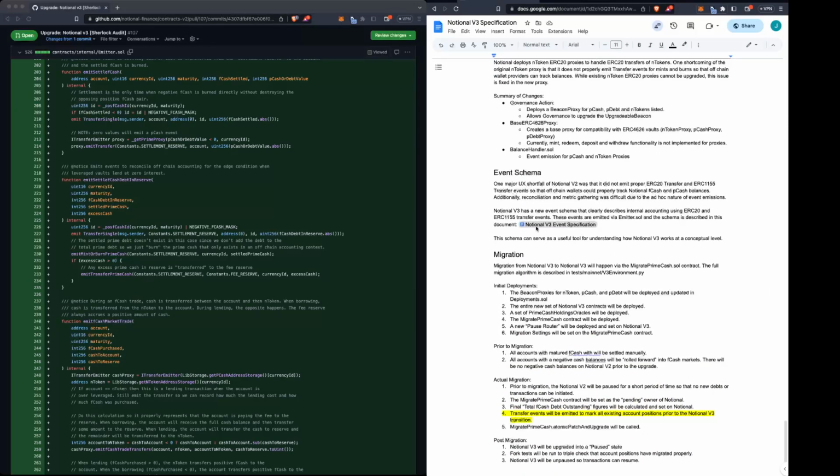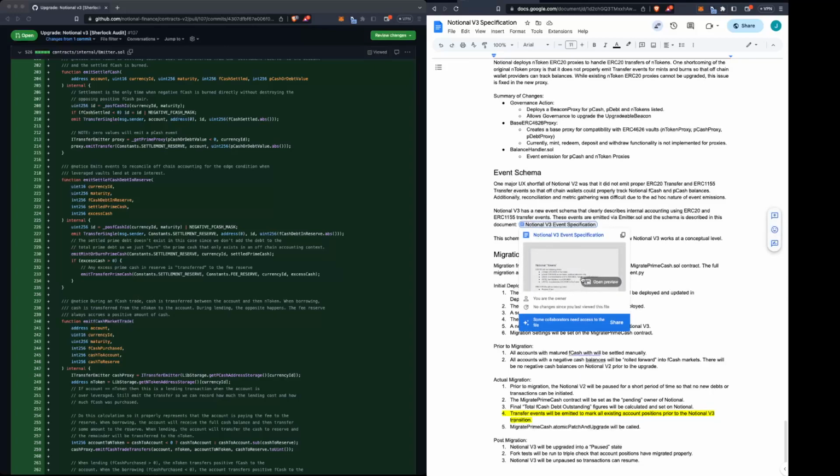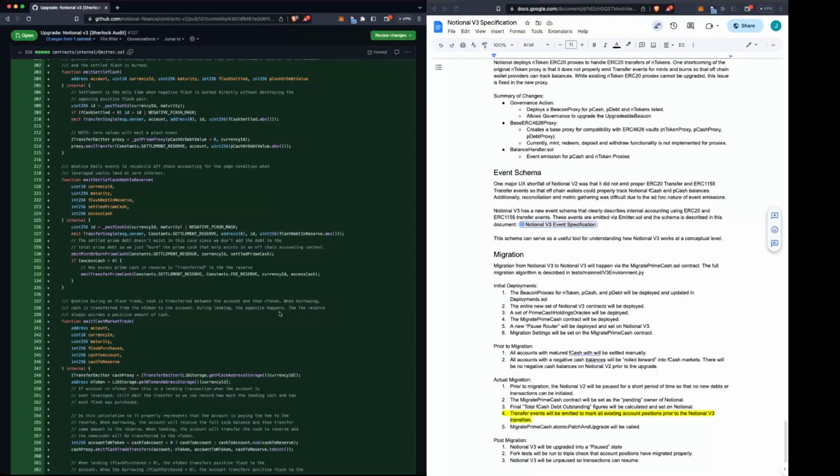that outlines the different scenarios in which events should be emitted and what types of events will be emitted. And I think it's a great doc to read if you're looking for a conceptual understanding of how Notional is managing all this accounting between the end token and these Fcash assets and prime cash and leverage vaults.